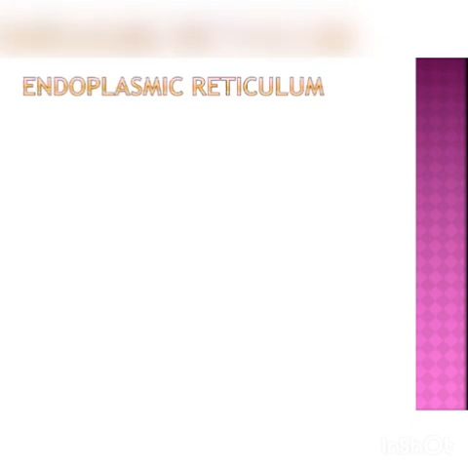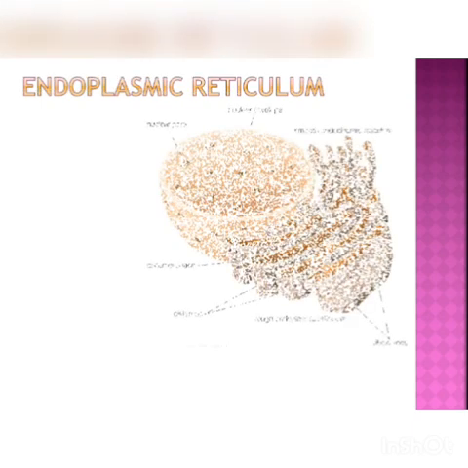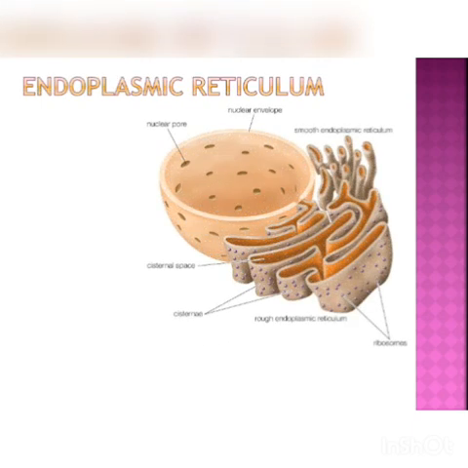Next, we will study about endoplasmic reticulum. Here we can see the diagram of endoplasmic reticulum attached with the nucleus. You can see the structure of the nuclear pore, the nuclear envelope, and the entire endoplasmic reticulum.